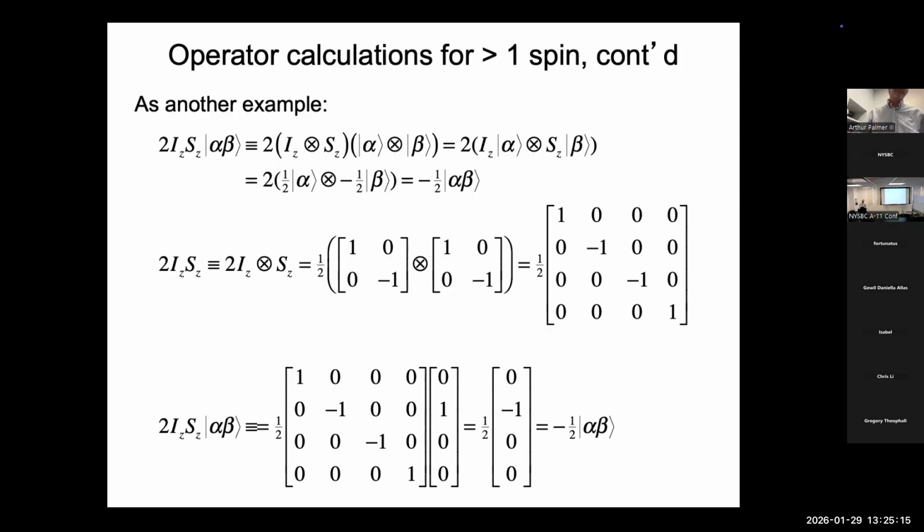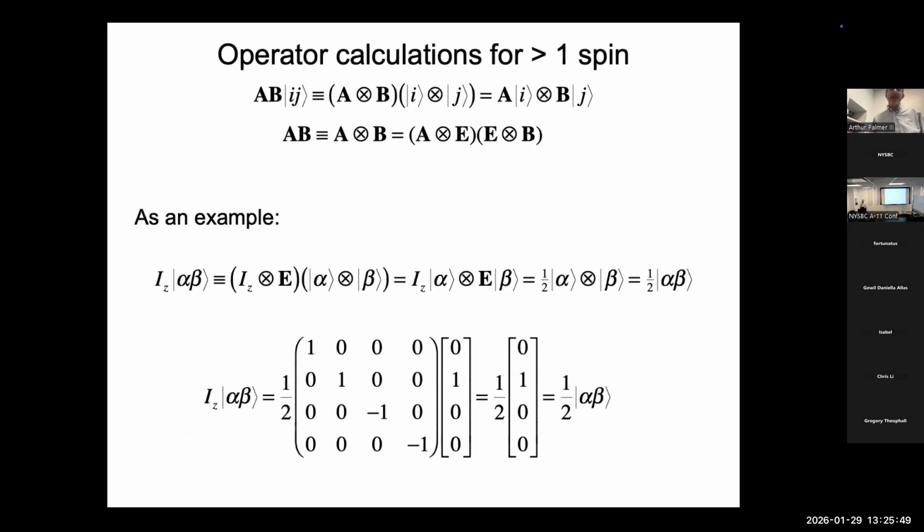This may not be a good question, but I was wondering if this beta state and alpha state has something to do with the gamma of the particular nuclei that one is interested in. So if we're talking about spin 1/2 particles, then alpha is always just the state with the spin magnetic quantum number plus 1/2, and beta is the state with the magnetic quantum number minus 1/2.